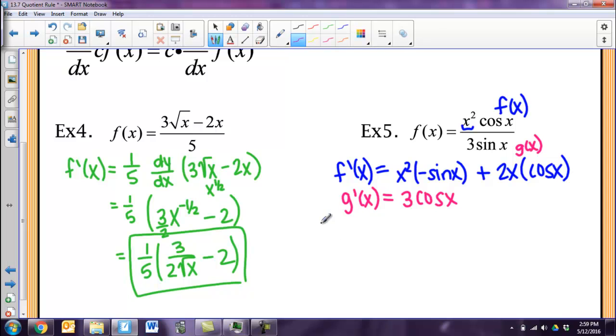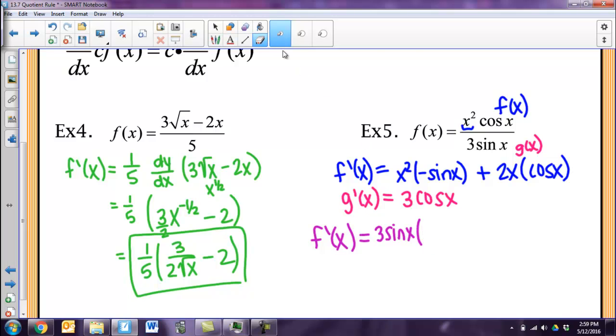So f prime of x, the derivative of this entire thing, is low, so 3 sine x times the derivative of the top, low d high. I'm going to make this a negative. Wait 1 second, I'm going to erase some stuff. I feel like I'm going to run out of room. Negative x squared sine x plus 2x cosine x.